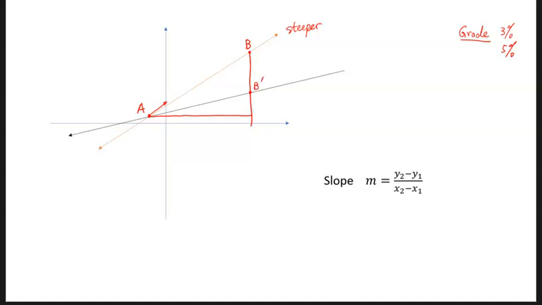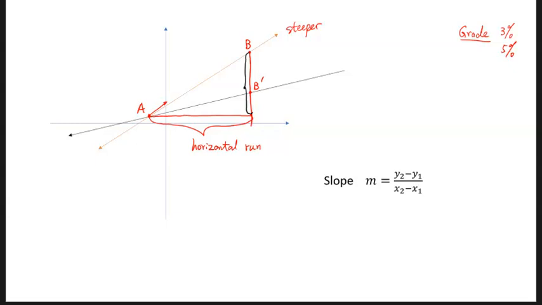When we drive from here up there, we have the same horizontal run, or horizontal distance. But when we look at the vertical distance, or vertical rise, as you can see here, to drive on the orange line we have a much bigger rise to go.